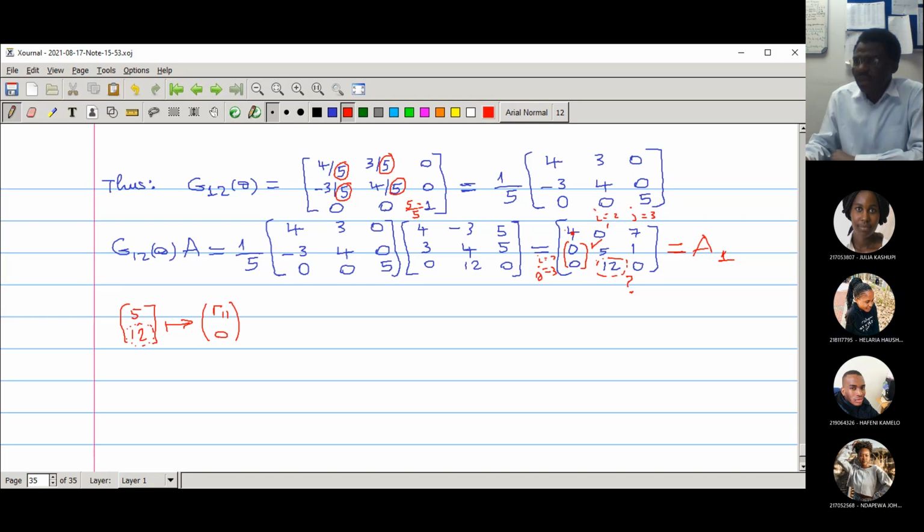Okay, but it's easy. Let's quickly check the computation. So we take this, we have 1 by 5, and then we have 4, negative 3, 0, right? And then we multiply by this entry, right? 1, 2, 4, negative 3, 5.